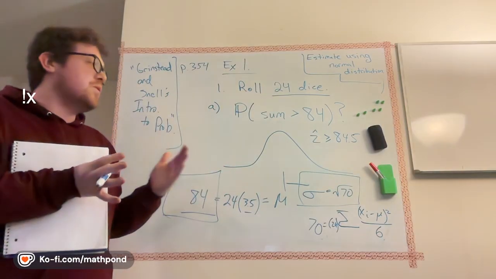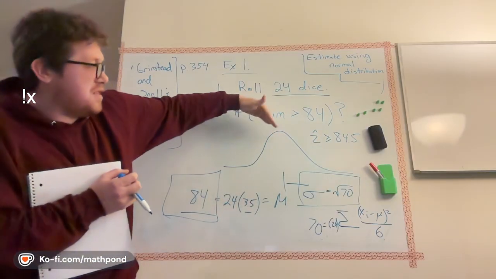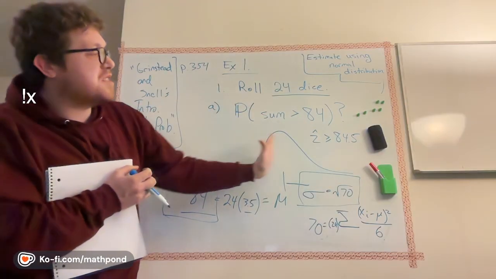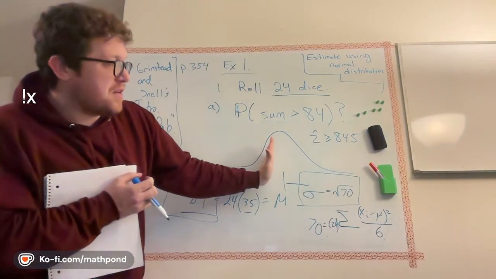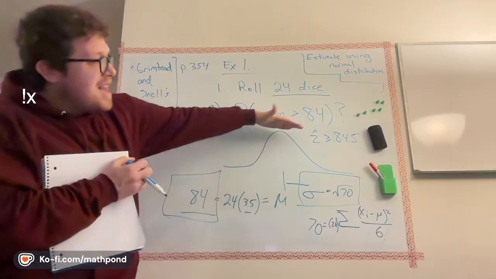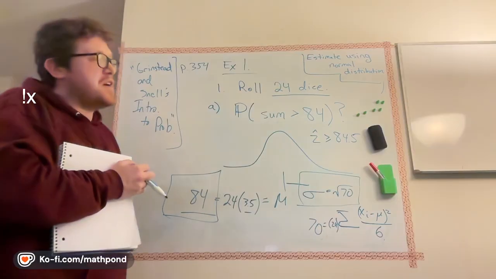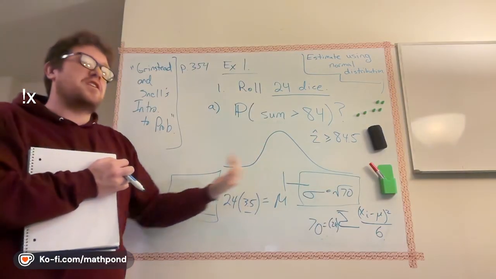Literally, the visual is how wide this bump is. You could squish it together, that would mean the variance would be smaller, and if you flatten it and spread it out, then that means the variance is larger. So the variance just tells you how much the distribution varies.